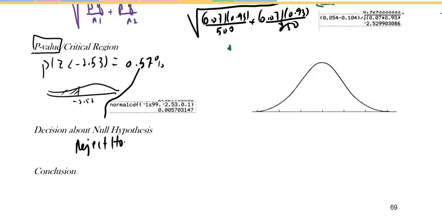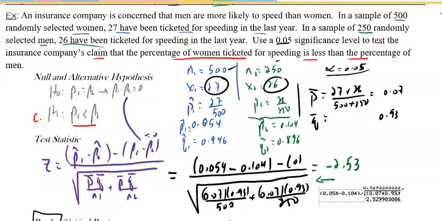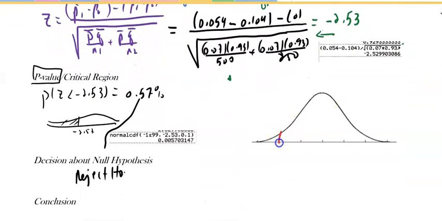So, now let's go for the critical region. They want a 5%. If it's single-sided, this is 0.05. I need to know the cutoff point.